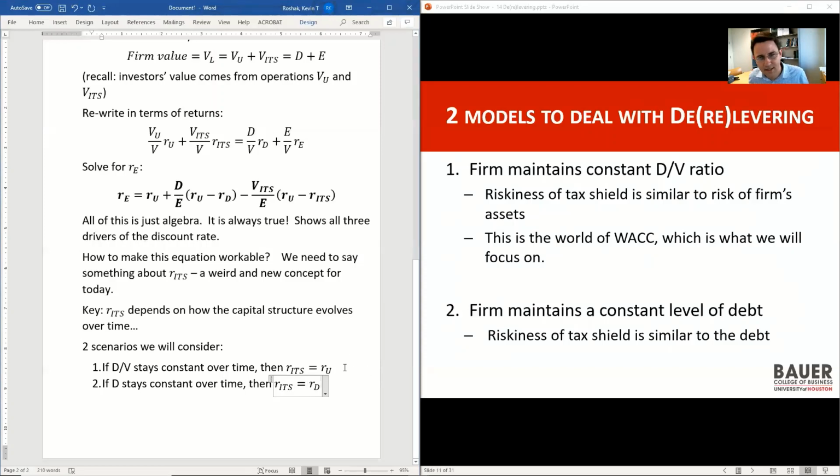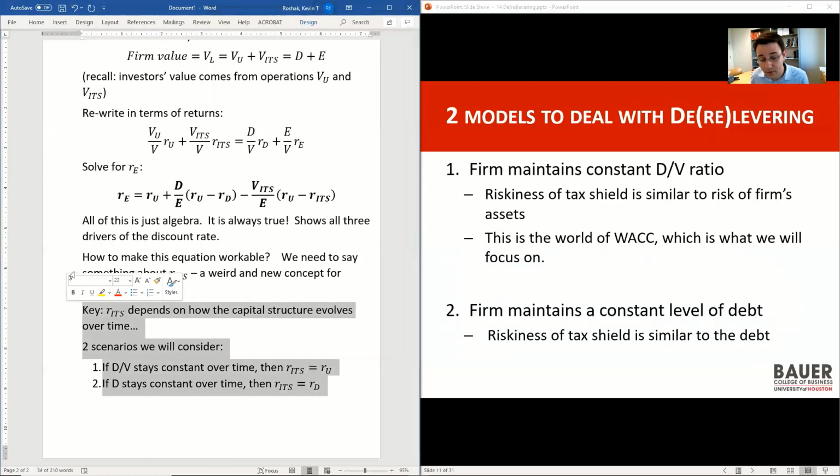It's just as risky as the debt. And so if you pay off your debt, you get the tax shields. So as long as you pay off the debt, you're going to get the tax shield. So it's not as risky, right? The tax shields aren't as risky as scenario one, where they're now actively growing with the value of the firm or shrinking with the value of the firm. Okay. But big point for now is it depends on what's going on to the capital structure in the future.